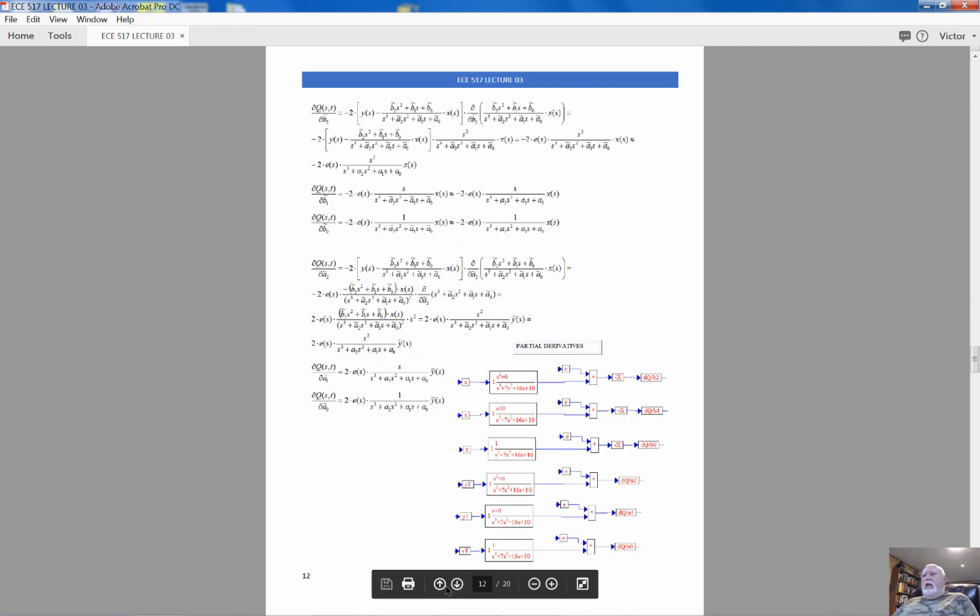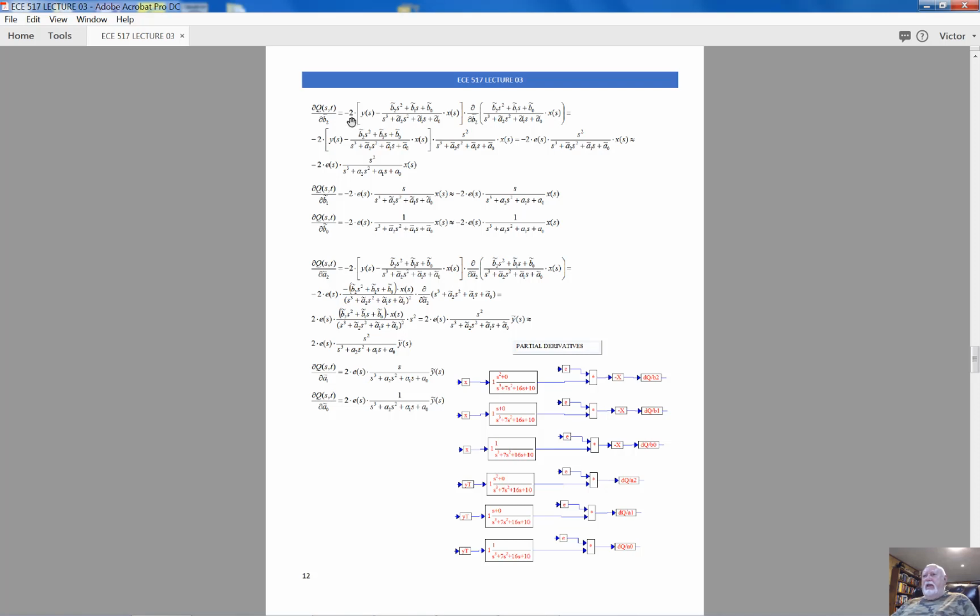I want you to see what is being done. I am taking the partial derivative of the criterion with respect to parameter beta 2. First of all, I have minus. I need this minus because I plan to move in the direction opposite to the gradient.